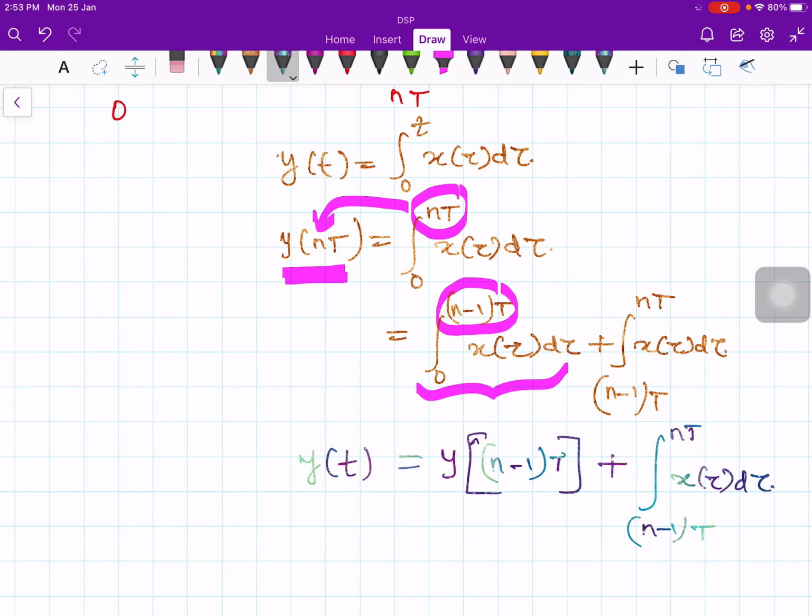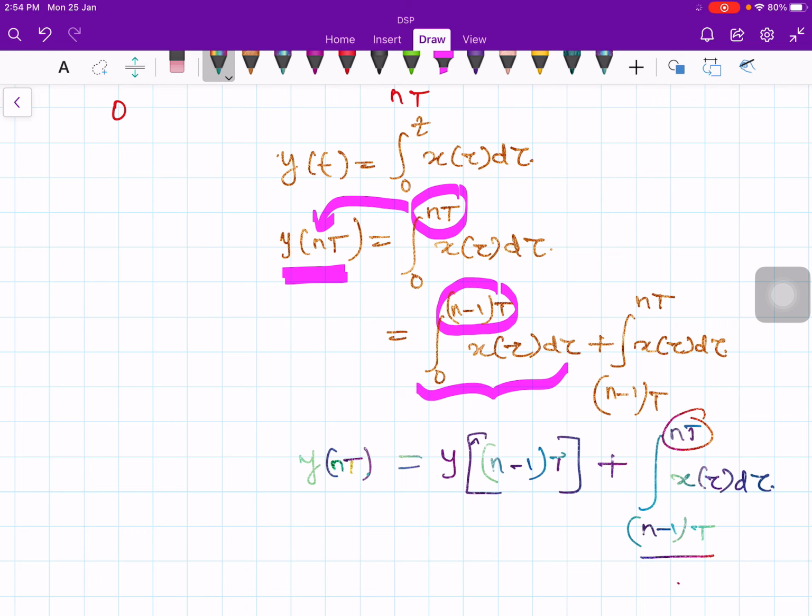This is y of nT in the transform domain. That's it. So I have integrated up to (n minus 1) times T, then I have integrated between these two intervals, (n minus 1) times T to nT.